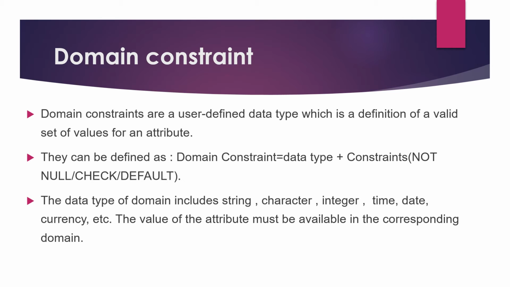Another example can be the domain constraint for attribute emp name, employee name. The employee name of employee is defined as a type char or a varchar. This implies that employee name can take all valid strings, meaning alphabetical strings, which are valid human names from the universal string set.